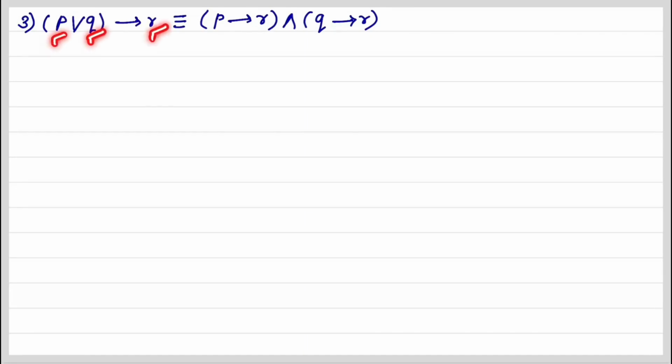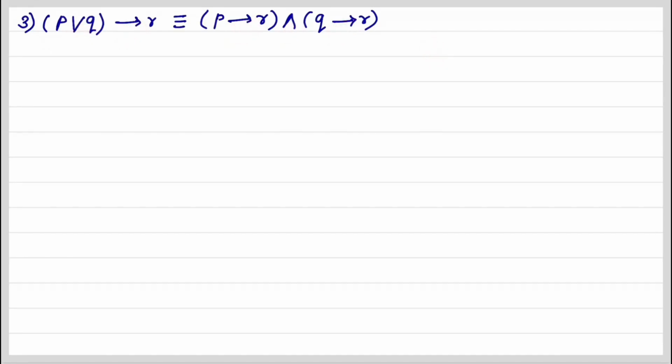Next example, P or Q implies R is equivalent to P implies R and Q implies R. How many statements? 3 statements. 1, 2, 3. That means number of rows is equal to 2 raised to 3 is equal to 8. And logical connectives, 5 logical connectives are there.